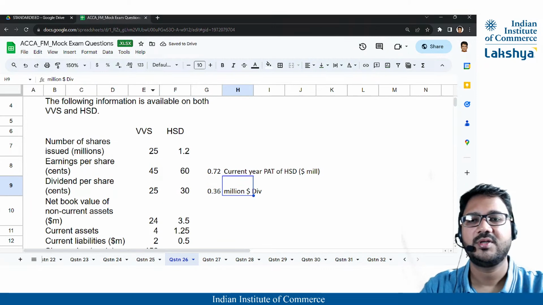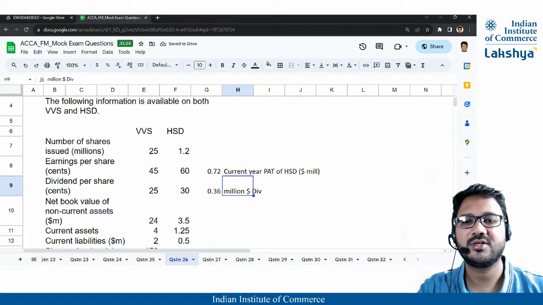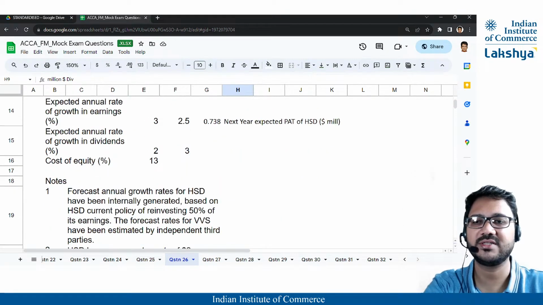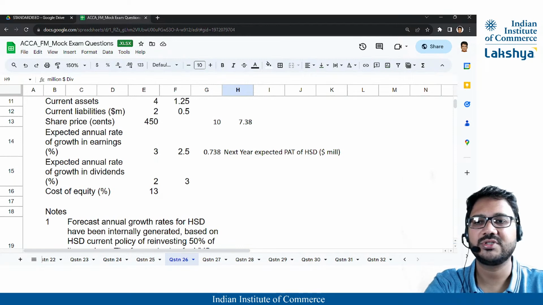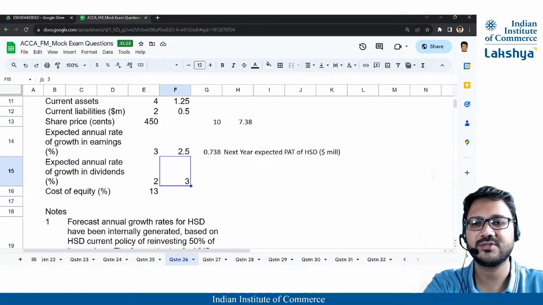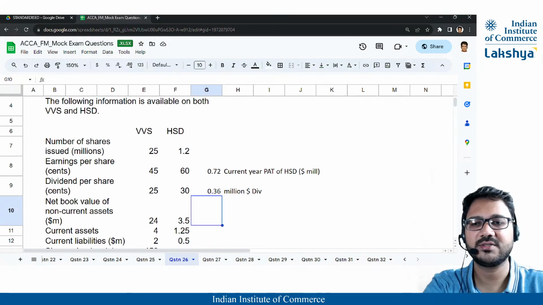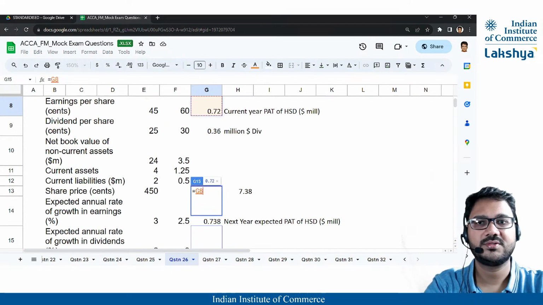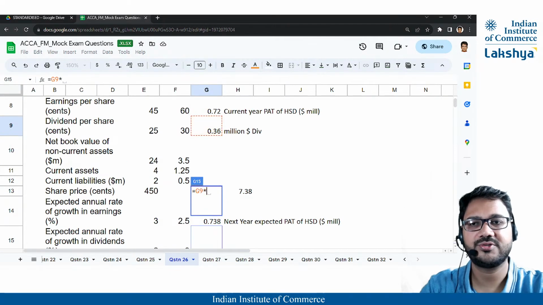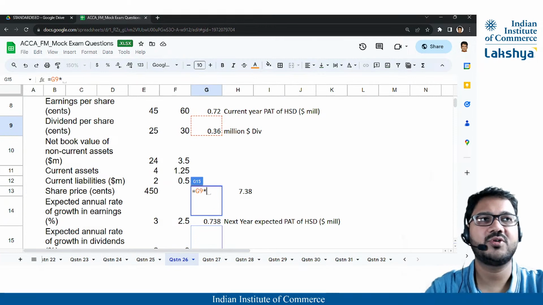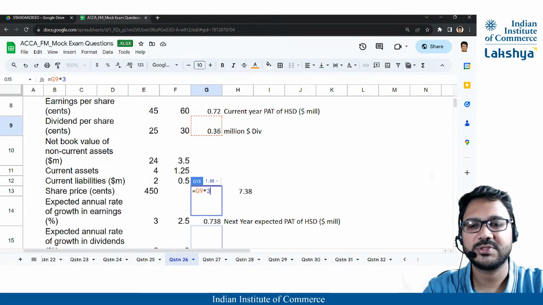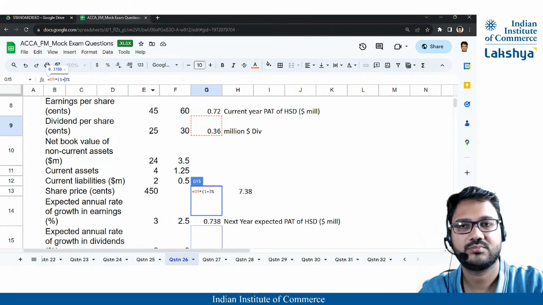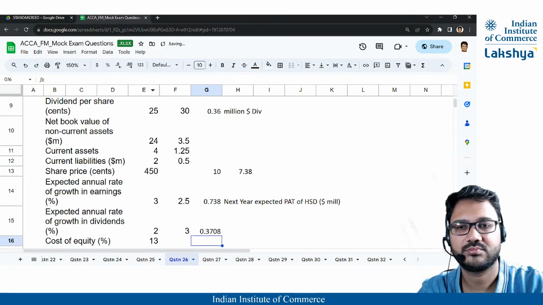Now we don't want D0, we want it with the growth, because there is growth mentioned, which is 3%. So D1 will be this, into 1 plus 3% growth.